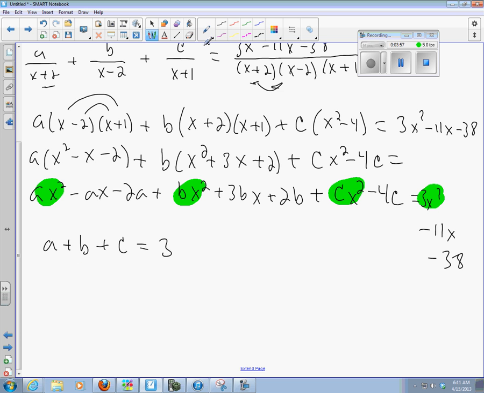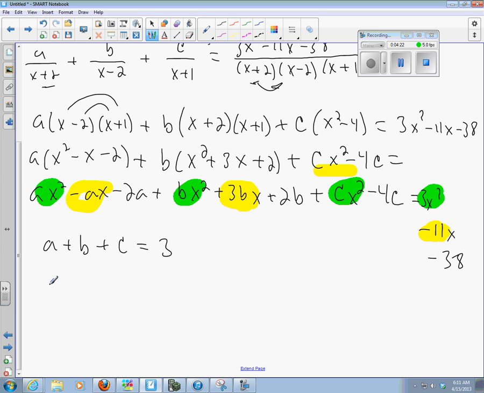And then I've got the linear terms. I've got that negative ax, I've got that positive 3bx. That's where I messed up last time. And this factor here doesn't have a linear term, so we're going to have a 0. That has to be equal to the negative 11x.